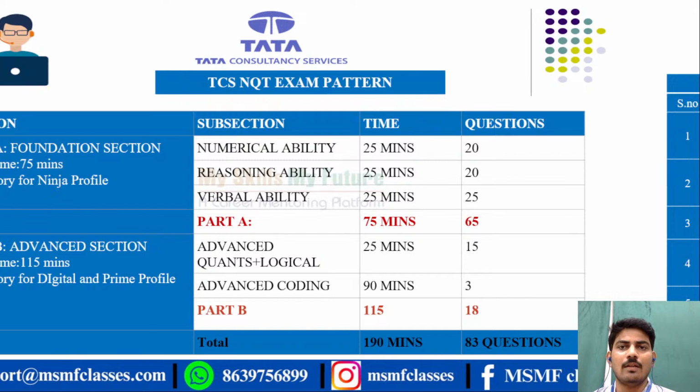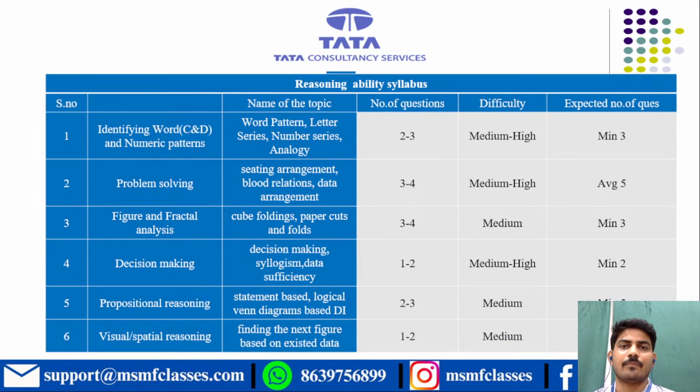In today's session, first let's see the topic weightage for reasoning ability and numerical ability. What are the topics which will be asked frequently in the exam? Frequently asked topics are coding and decoding, letter series, number series, seating arrangement, blood relations, data arrangement, queue, folding and paper cutting, decision making, and proportional reasoning.